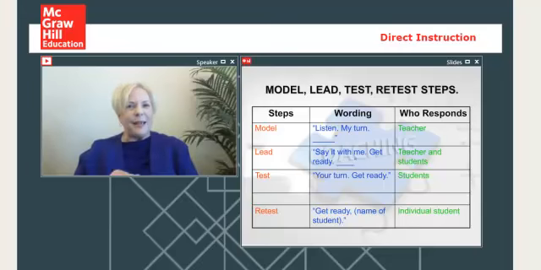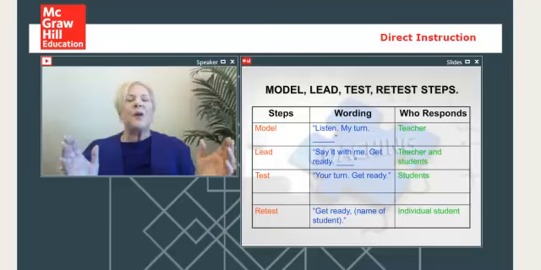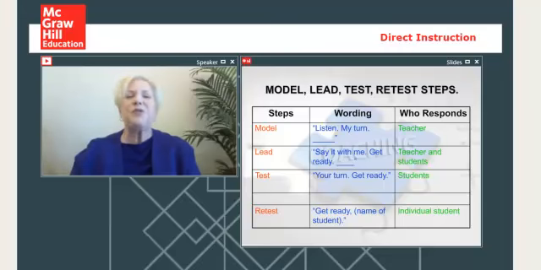The second step is the lead. The lead has the teacher and the students answering together. And this is the best gift you can give some of your fragile learners, your students who are reluctant to answer, your students who are shy, your students who don't have confidence, our English language learners who are practicing English.